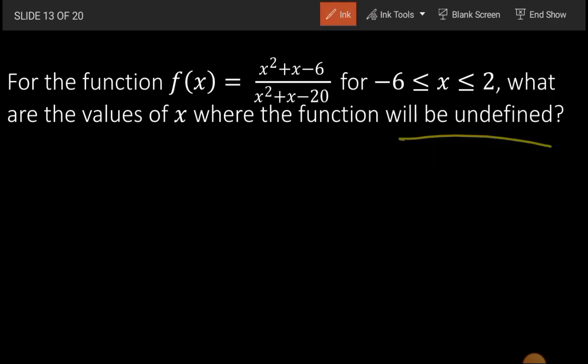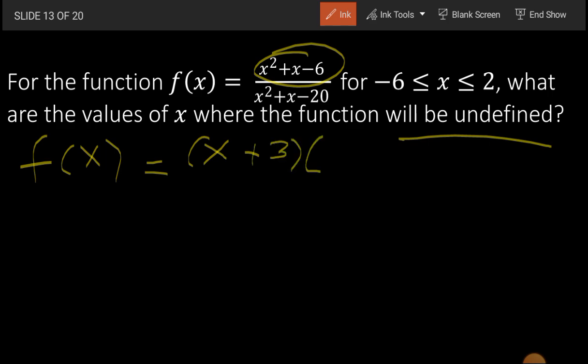Before we identify the values which will make our function undefined, let us first factor the numerator, x squared plus x minus 6. It would be x plus 3 and x minus 2 all over.